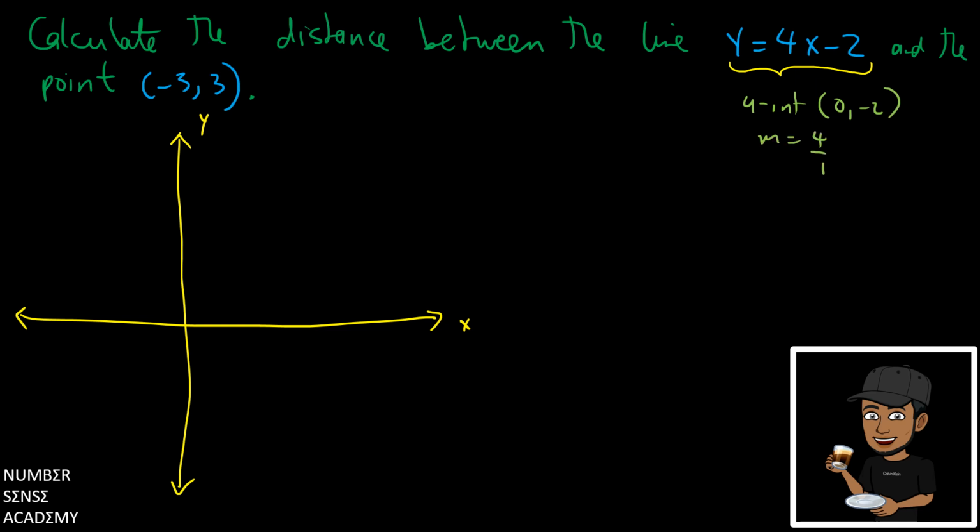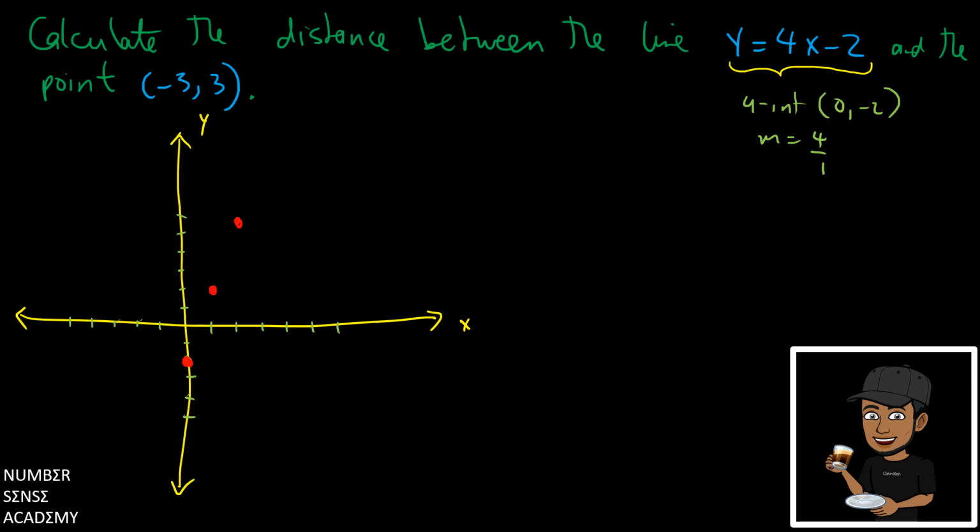So let's graph that. Okay, so 0, -2 is right here. And then we're going to rise, let's make that red. I'm going to rise 4 and run 1. So 1, 2, 3, 4, and then here. 1, 2, 3, 4, and then here.